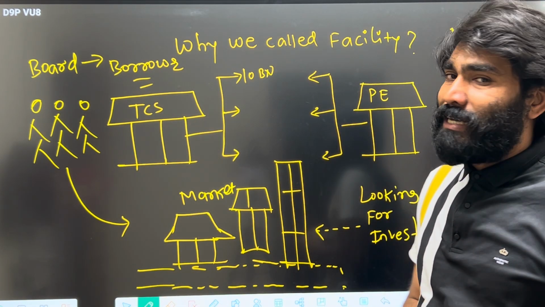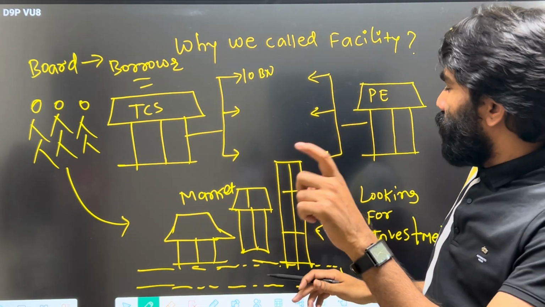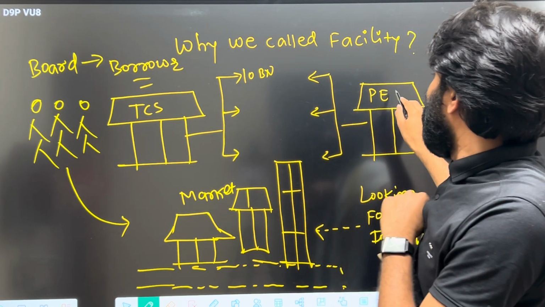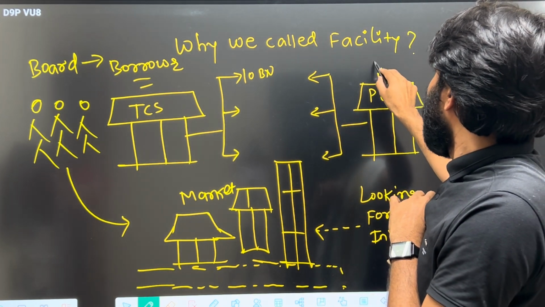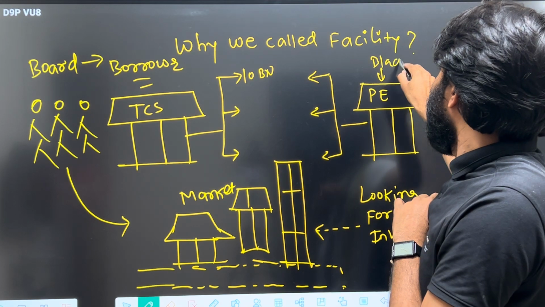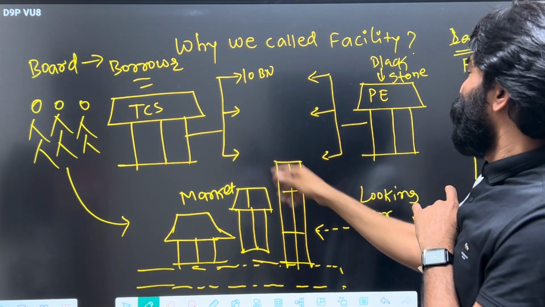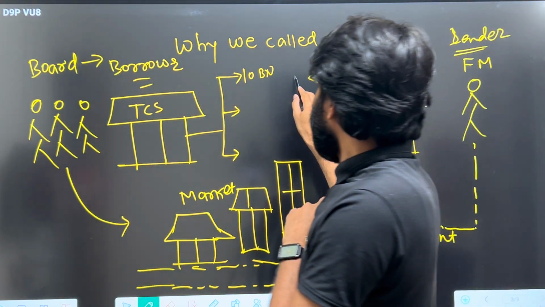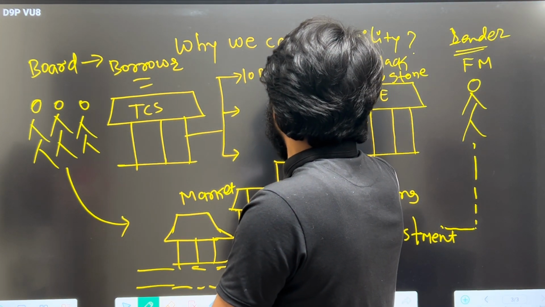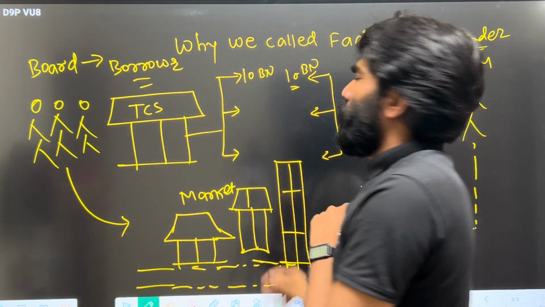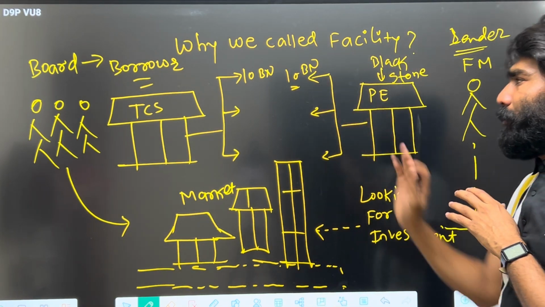And if, let's say, not TCS, sorry, if a PE fund, let's say Blackstone, agrees with their terms, then they'll sign again, or they'll approve a limit for 10 billion.